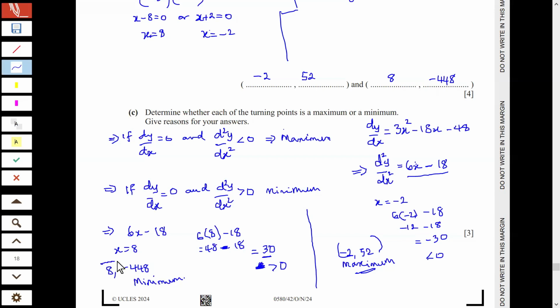So this point, 8 and -448, is a minimum, and the other point, -2 and 52, is a maximum.